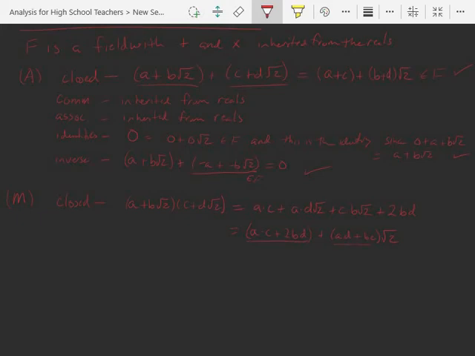This is rational and this is rational, so this is back in the field. So closure works out fine.